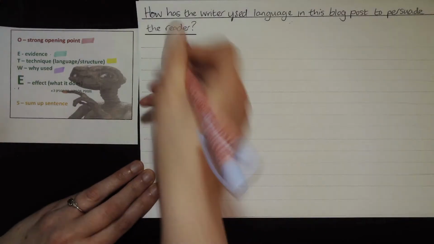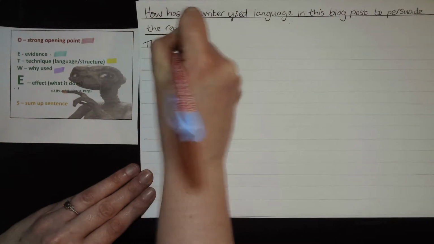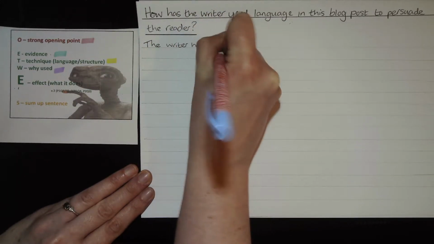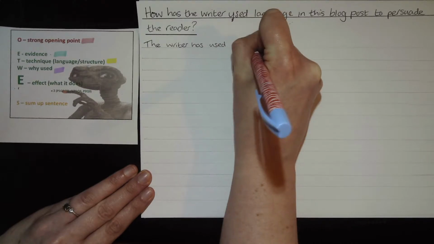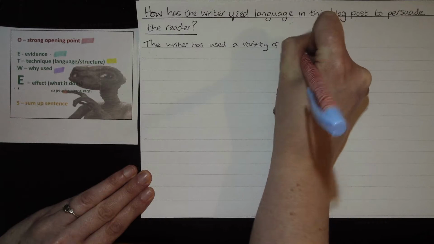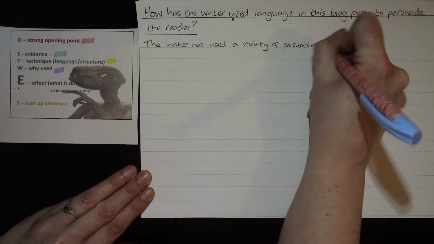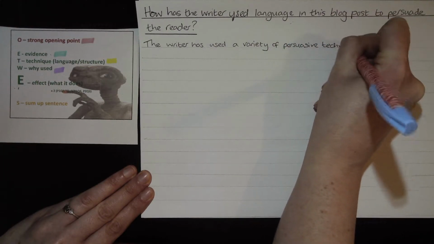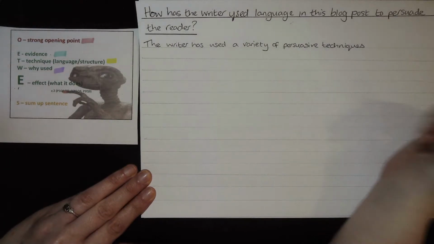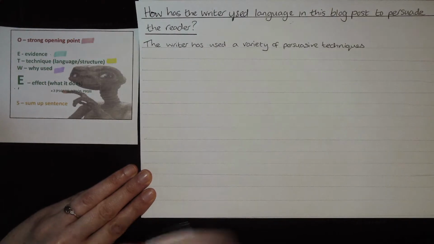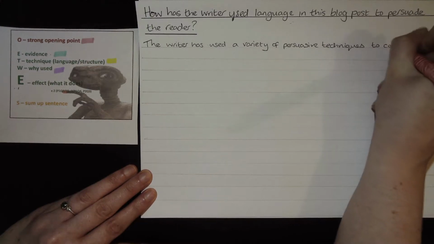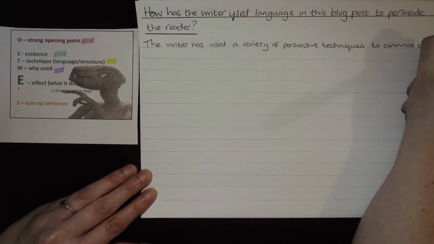I'm going to say that the writer has used a variety of persuasive techniques. So I'm signalling here that I understand that they're asking me about persuading. And what is he actually trying to do? So he's trying to convince the reader.